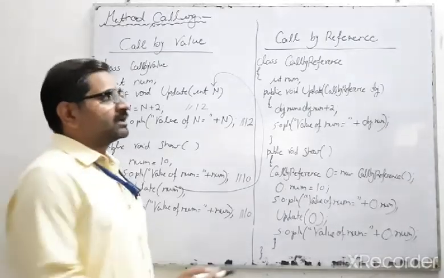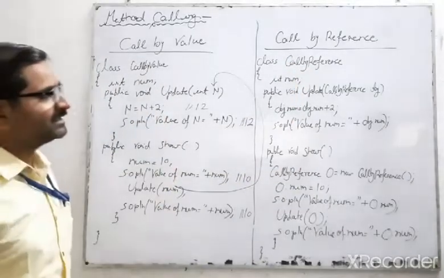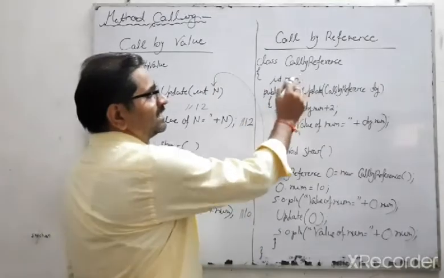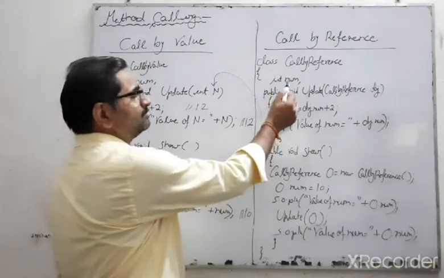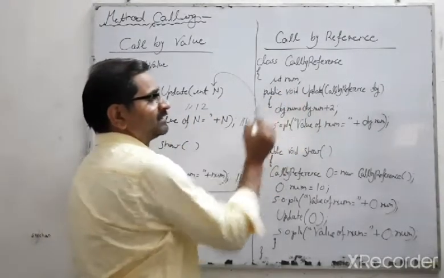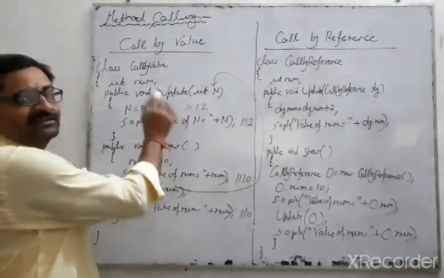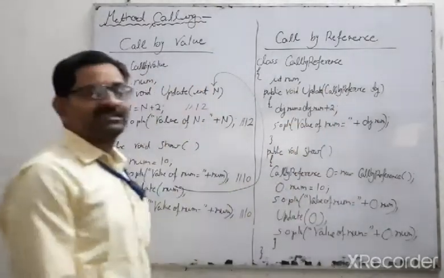Now come to call by reference. Same thing. Here the class name is CallByReference, and the instance variable is num, like this. Now here we take the update method. The same method is here. Now the formal parameter is different.